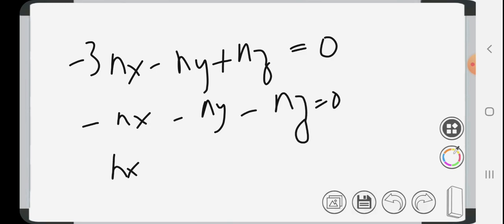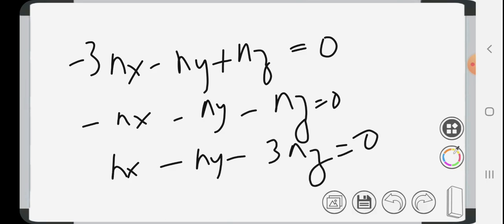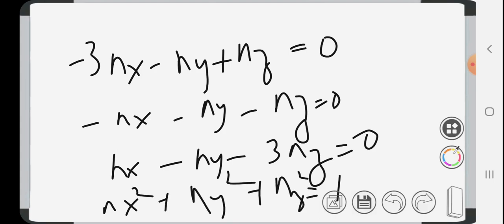Also nx minus ny minus 3nz equal to 0. Also we have the equation nx square plus ny square plus nz square equal to 1. So we have 4 equations, 3 unknowns. So you can easily solve this and find nx, ny, nz, right?